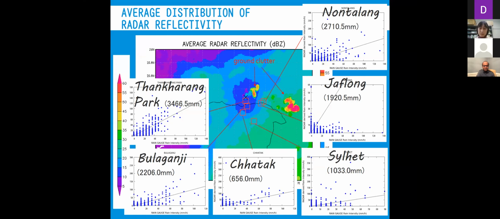And the 6 graphs are the scatter plots of the rain intensity between the rain gauges and the radar. The rain intensity was converted from radar reflectivity by the Z-R relation, which was obtained from the disdrometer observed at Cherrapunji.